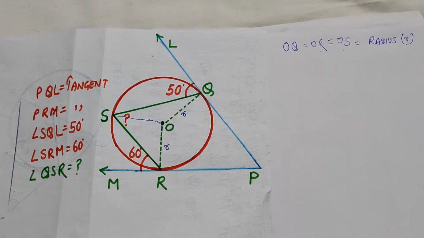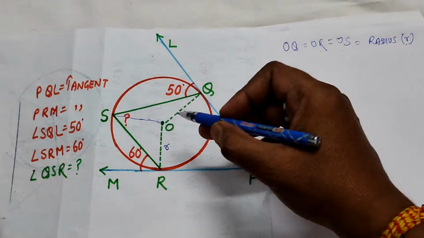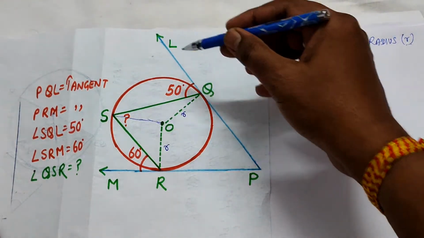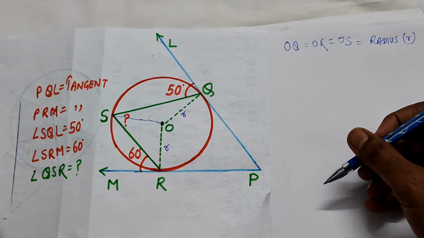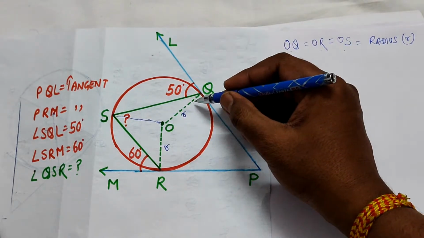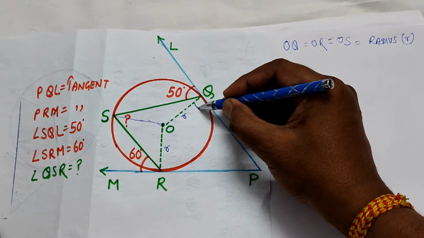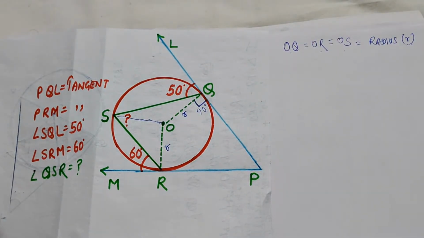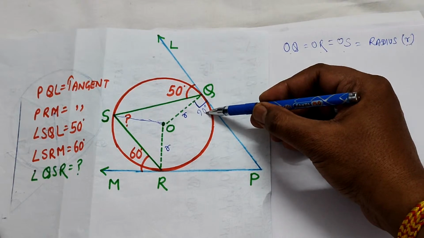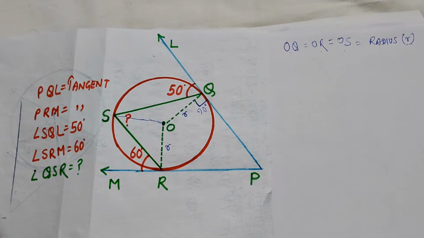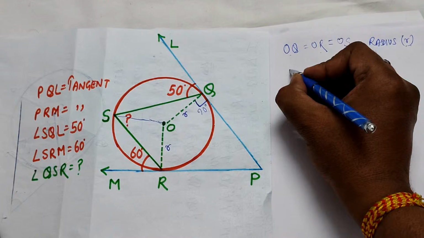Now, students, we know that OQ is a radius and PQL is tangent. If this is the case, then this angle PQO will be equal to 90 degrees, isn't it? If this angle will be equal to 90 degrees, then definitely angle OQL is also equal to 90 degrees. So just write it.